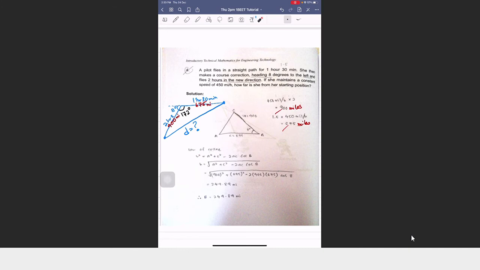It will be 900 squared plus 675 squared minus 2 times 900 times 675 times, this is the mistake, it is supposed to be cosine 172 degrees.